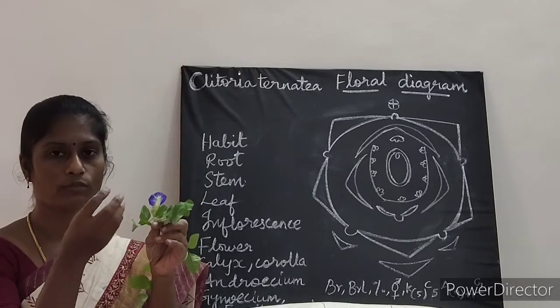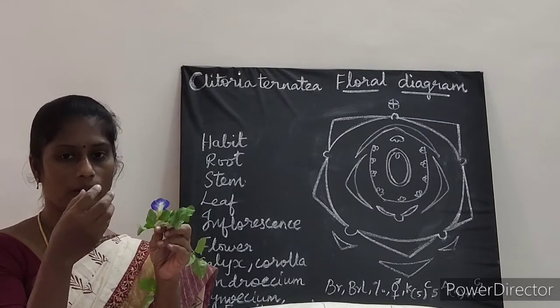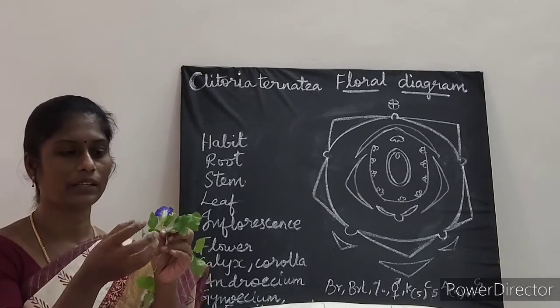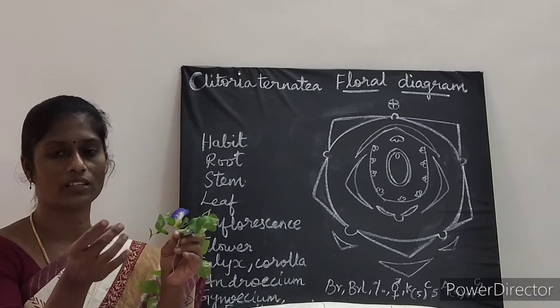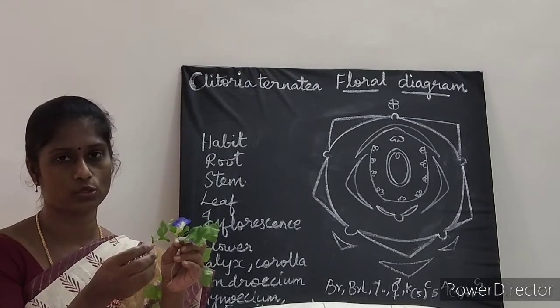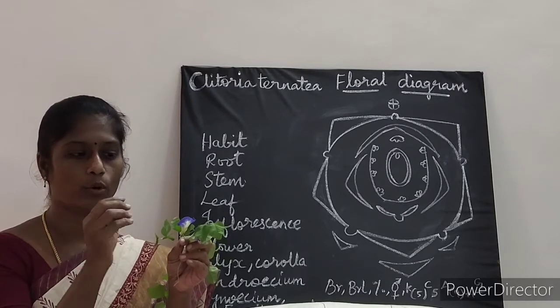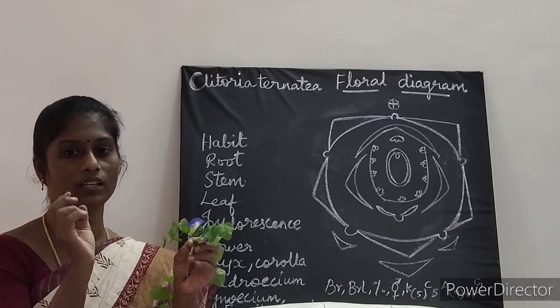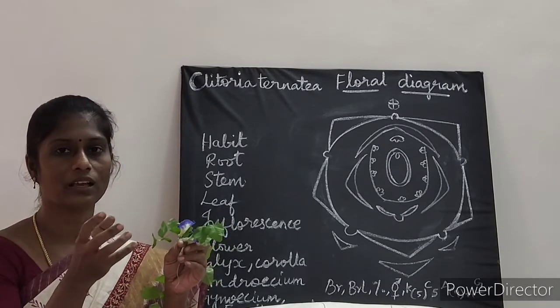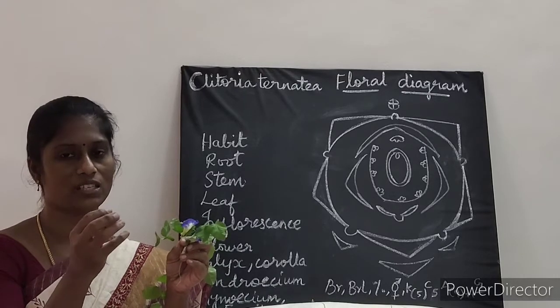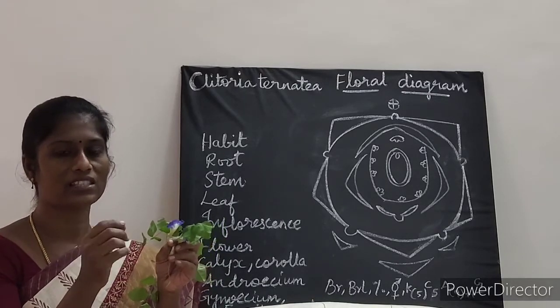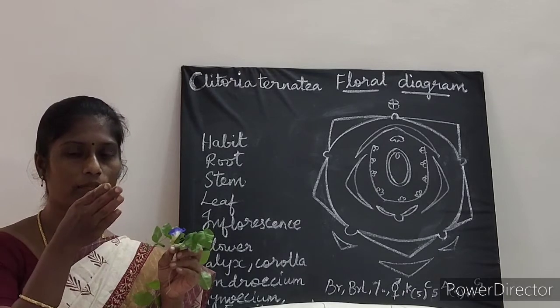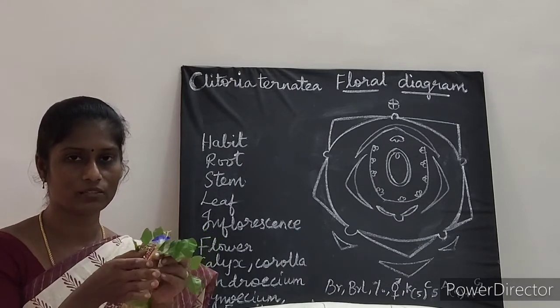Heterochlamydeous. So all the four whorls are present. So it is heterochlamydeous, and then complete. The flower is complete. The calyx, corolla, androecium, gynoecium are present. So the flower is said to be complete. Bisexual. Both the sex organs are present, androecium and gynoecium. Pentamerous. Here the floral parts are in sets of 5. So it is called pentamerous, and then zygomorphic. If you cut a flower at any one plane, it gives 2 equal halves.